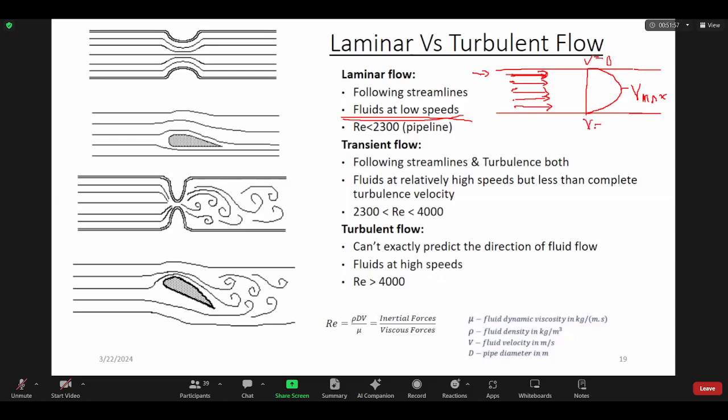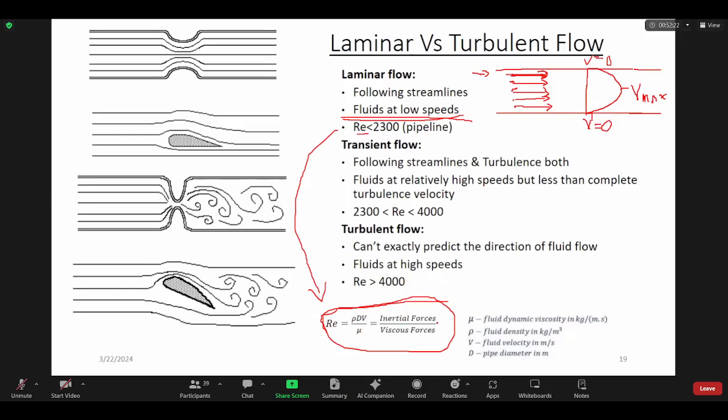This area is also the same. Then Re means Reynolds number. You can get this Reynolds number using this equation. It means inertial forces divided by viscous forces.